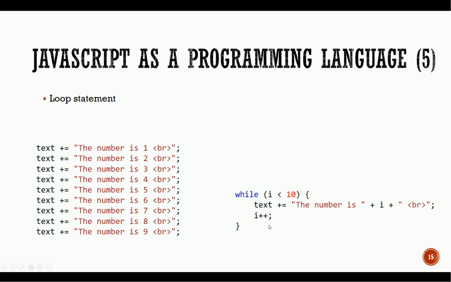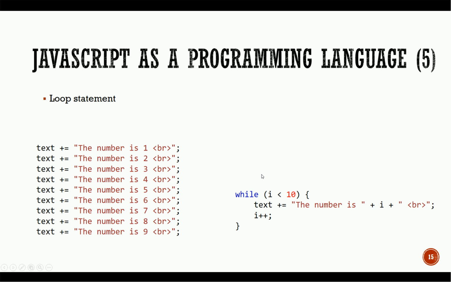The while loop will loop through a block of code inside the brackets as long as the given condition is true. For example, we initiate i as a counter.